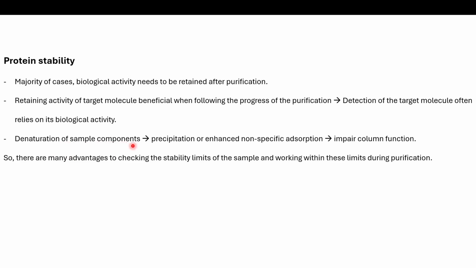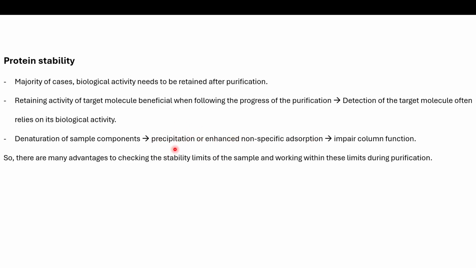Denaturation of sample components has to be taken care of. Sometimes samples are prone to aggregation as well, like many of the proteins having disordered regions in their sequence. What happens is it leads to precipitation or aggregation. So this has to be taken care of as well.